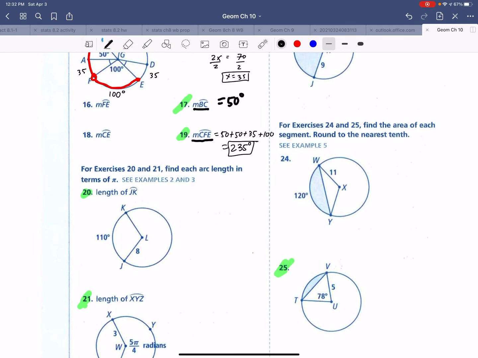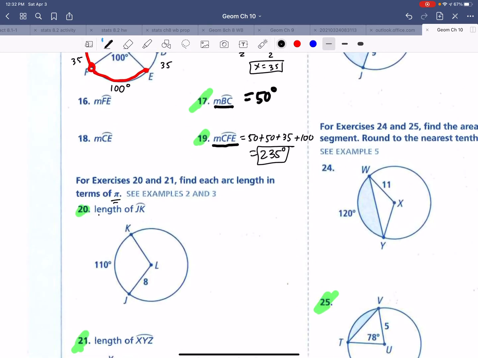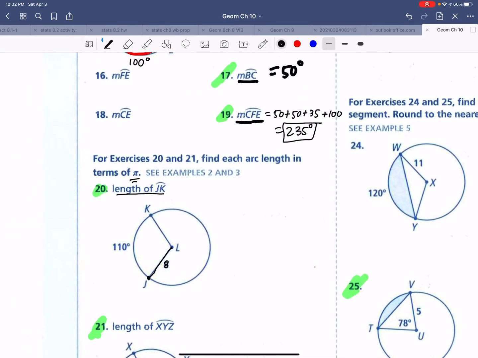Question 20 and 21, each arc length in terms of pi. Okay, so what is the length of it? So we don't want the measure in degrees. It looks like we actually want the length. So this is in relation to that radius. Okay, so the length of JK is not the whole circumference, but part of it.